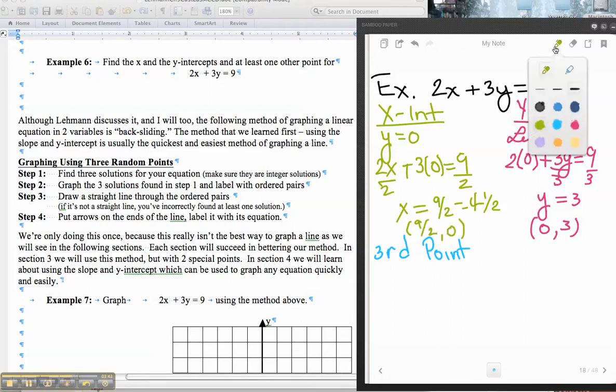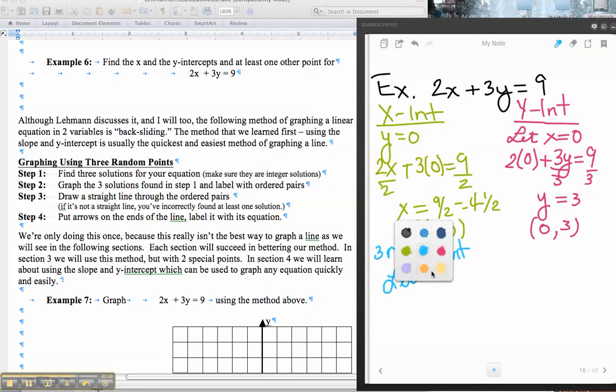Now I'm going to find a third integer ordered pair, and I'm just going to let x or y equal something random. I'm going to let y equal something because it'll be easier to solve for the x. So let's let y equal, oops, we can't let it equal 3, let's let it equal a negative 3.